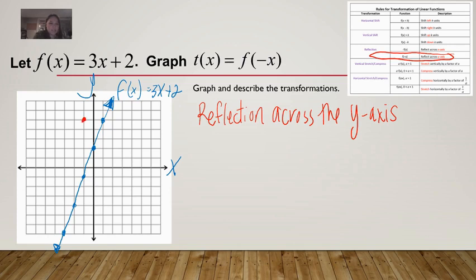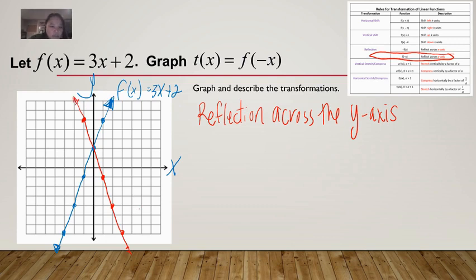This point right here stays on it because it's on the y-axis, so it stays there. This one is going to go to the right 1 step. It's going to go to the right 2 steps from the y-axis, and 3. Okay, so when I graph this, I am going to have a line that was reflected across the y-axis.